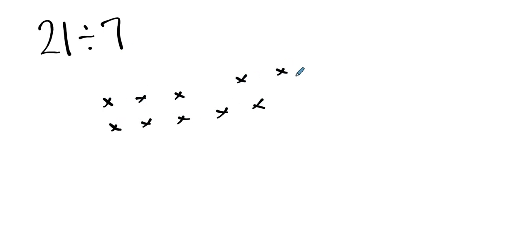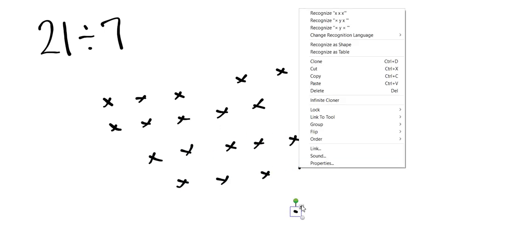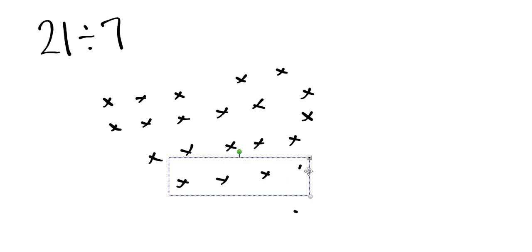It is also totally normal to have a set of 21 objects. Let's see how I did with that. 1, 2, 3, 4, 5, 6, 7, 8, 9, 10, 11, 12. Oh, miscounted.